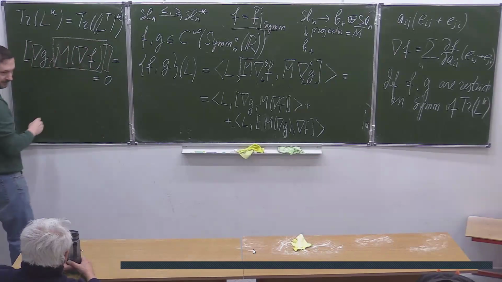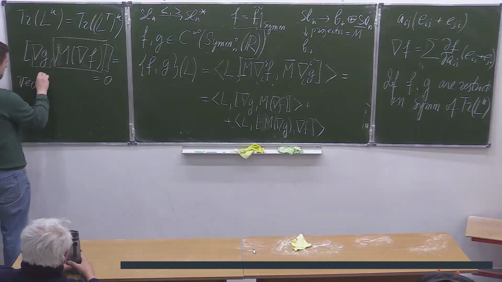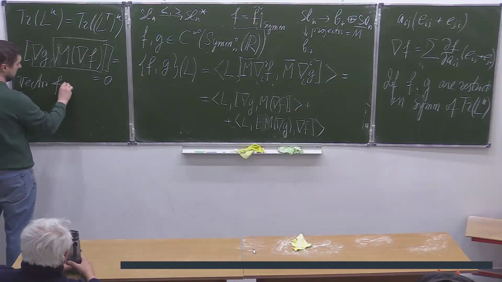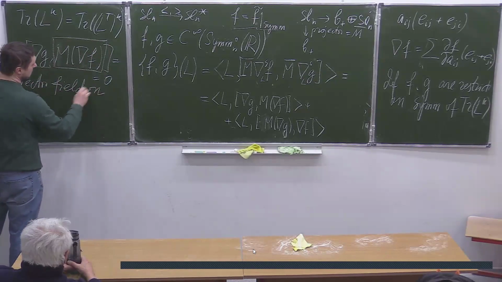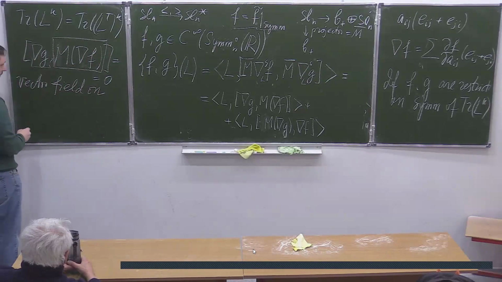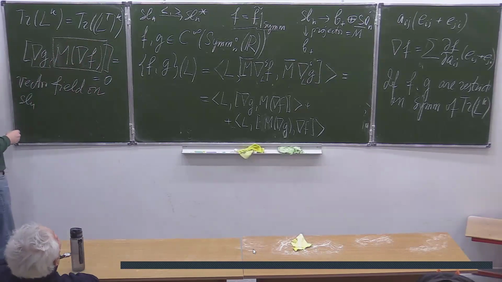We have a vector field on matrices, in fact on SLN, given by conjugation with this matrix.